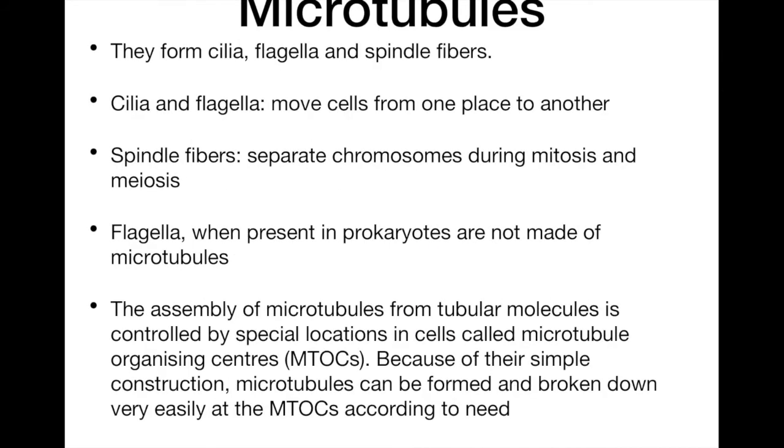Spindle fibers help to separate chromosomes, and flagella, when present in prokaryotes, are not made of microtubules though. Now, the assembly of microtubules from tubulin molecules is controlled by special locations in cells called MTOCs, or microtubule organizing centers.